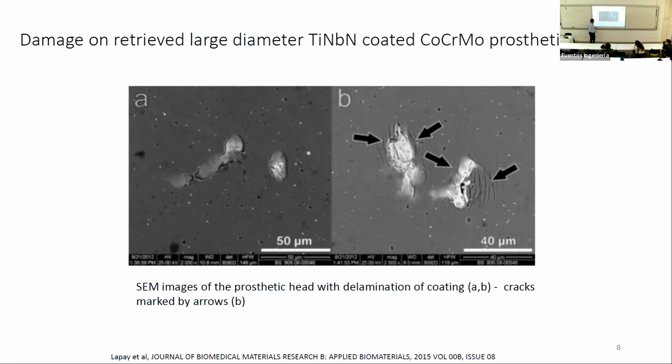So these are problems that can be encountered by coatings. When you have hard coatings and they are fracturing, you have other problems because now this debris is very hard. In this case, we're not seeing much abrasion damage, but the paper reports that much more abrasion damage was happening on the counterface, on the acetabular cup.